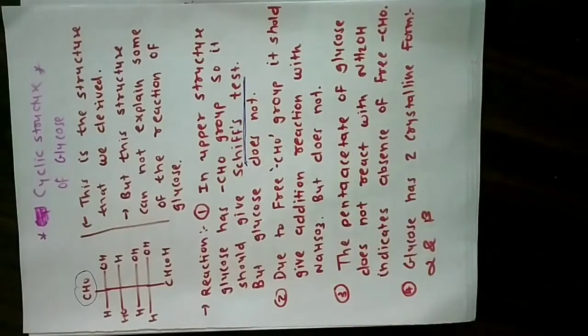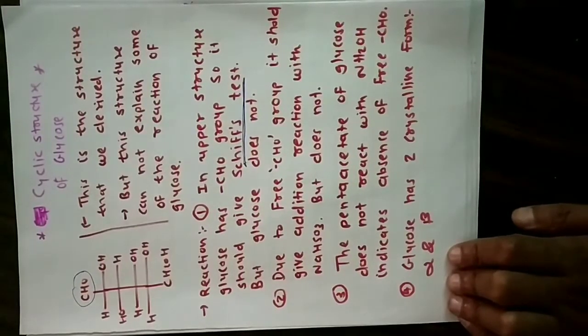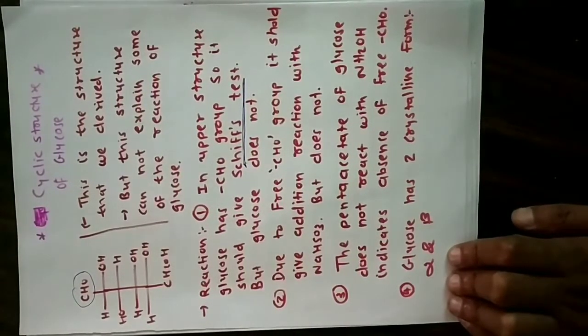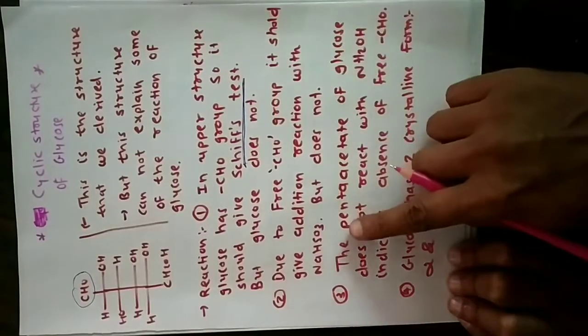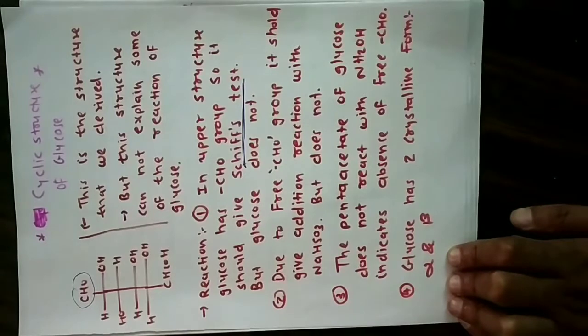Now the third one. When we perform an acetylation reaction on glucose, it gives us a pentaacetate product that we discussed in the previous session.